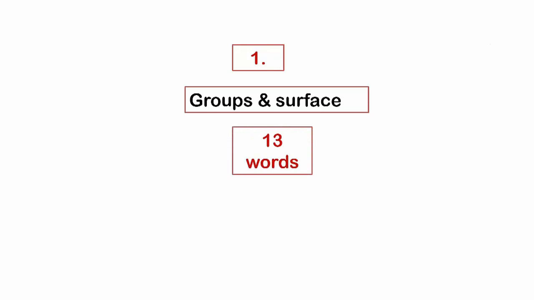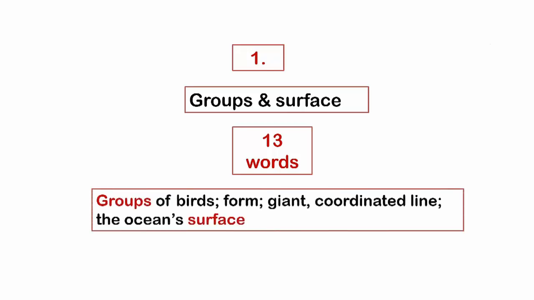We have 13 words. Now for the whole sentence, or the key words: groups of birds can form a giant, coordinated line over the ocean's surface. So here are the key phrases.